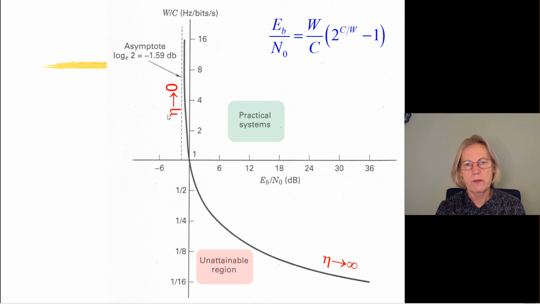And this, of course, represents the limit where the spectral efficiency goes to 0. And here, of course, in the opposite direction is when we're being super spectrally efficient, which means that we have to have more Eb over N0. And again, this curve breaks the plane into 2 areas, the attainable and the unattainable.